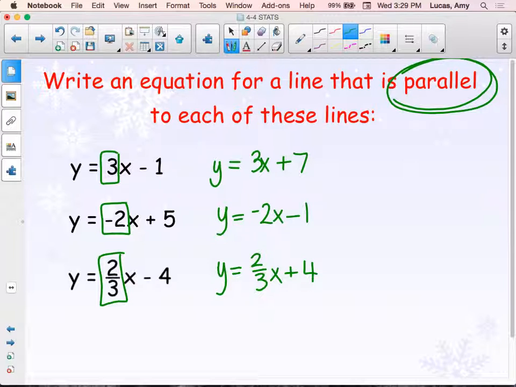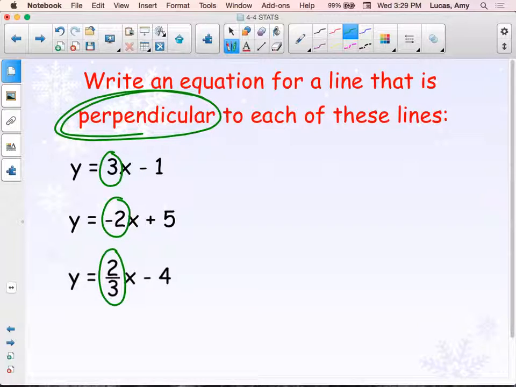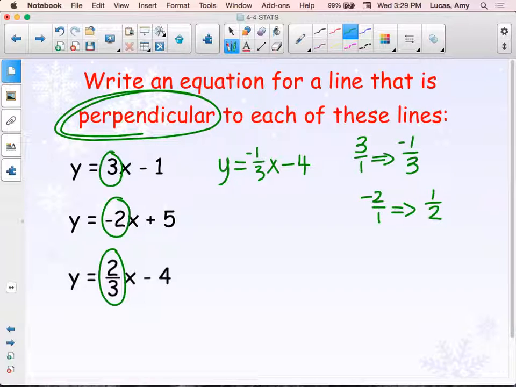Those are all parallel. And last but not least, perpendicular. So take these slopes, make up a new equation where the slope flips and changes. So 3 over 1 turns into 1/3, and it has to be negative. So -1/3 x, and your intercept can be anything that you want. -2, make it a fraction, flip it and change it, +1/2.